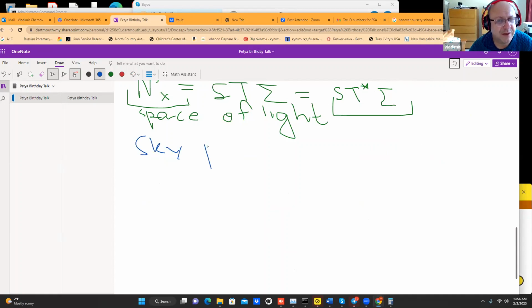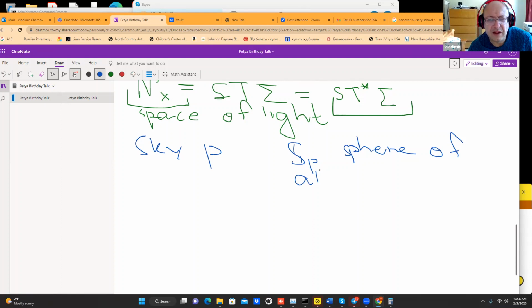So the sky of P, which we will denote as S of P, is a sphere of all light rays through P.